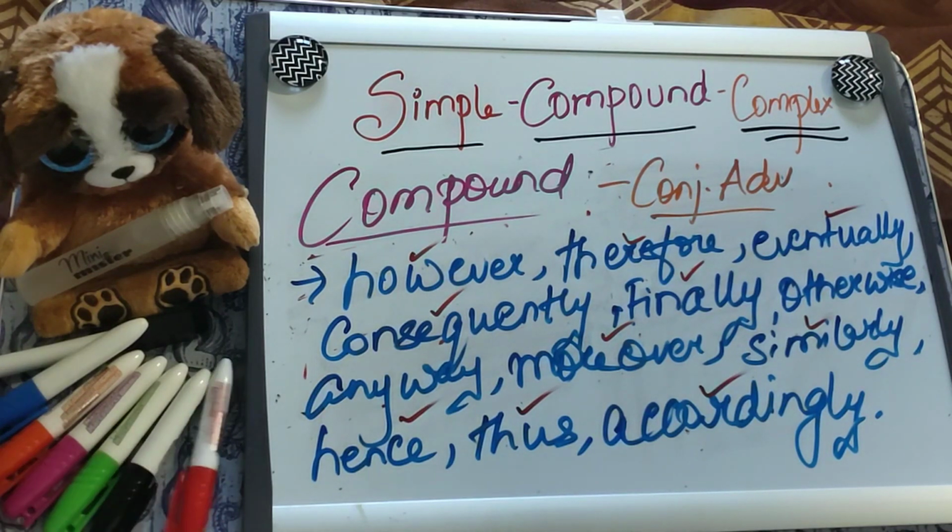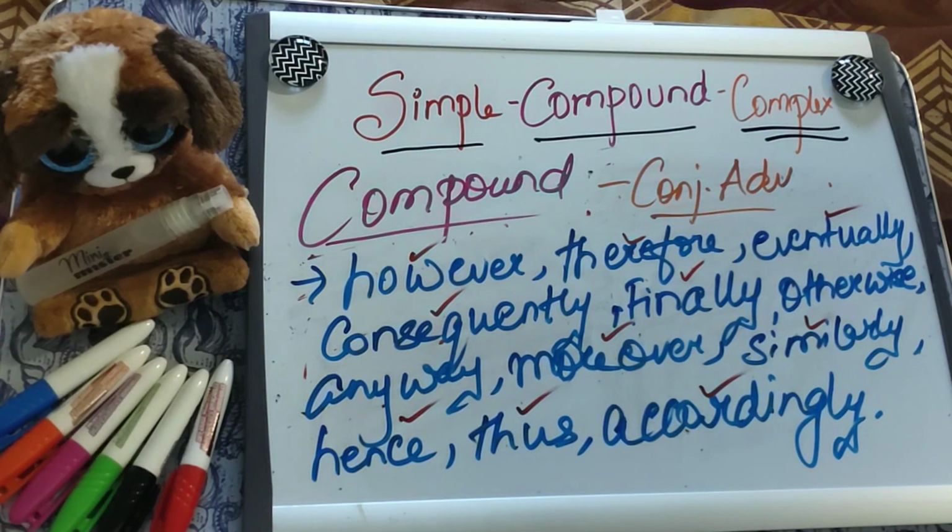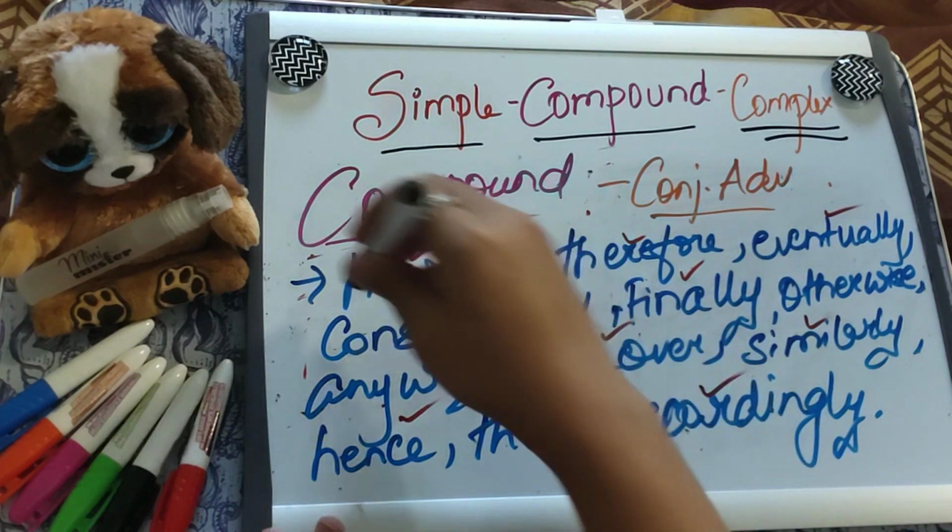So let's focus on the words, and if you want, you can make an example for yourself. For this video, I haven't taken every single word to create an example, but I tried showing some examples.